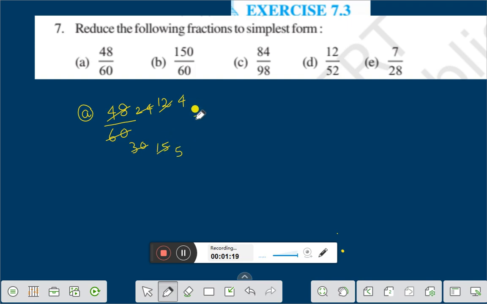That is 4 by 5. This is equal to 4 by 5. This is the simplest form of A.